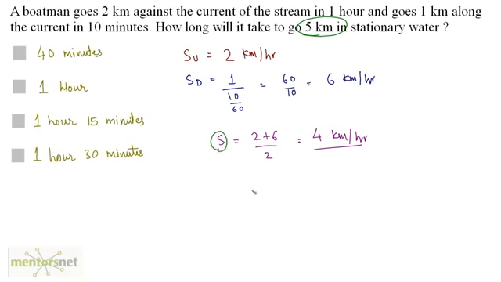So speed is equal to distance upon time, and time is equal to distance upon speed, and that's distance 5 by speed 4, and this will be in hours. And if you solve this, you'll get 1 and 1/4 hours, and 1/4 of an hour is 15 minutes. So our answer is option C.